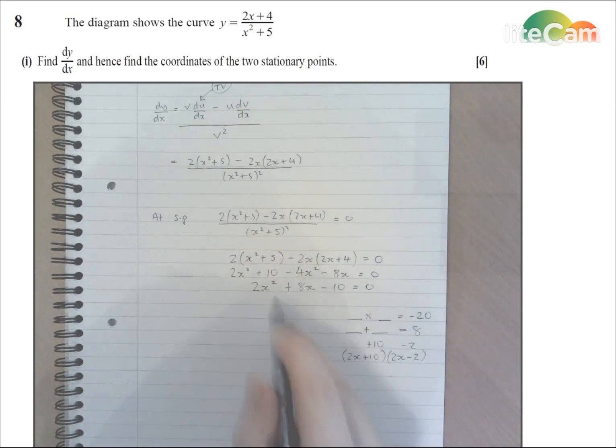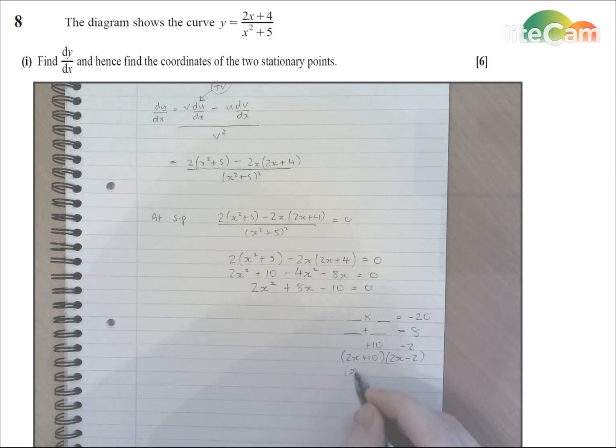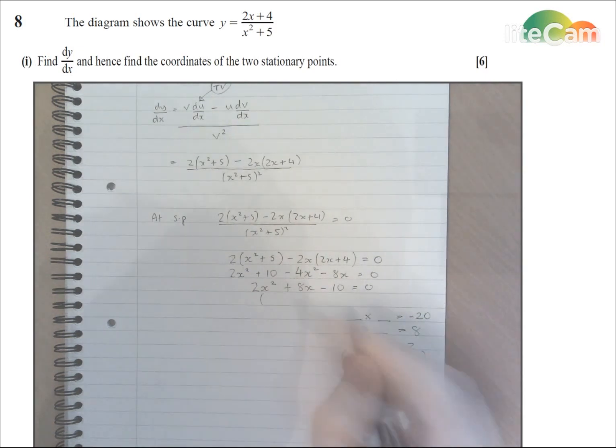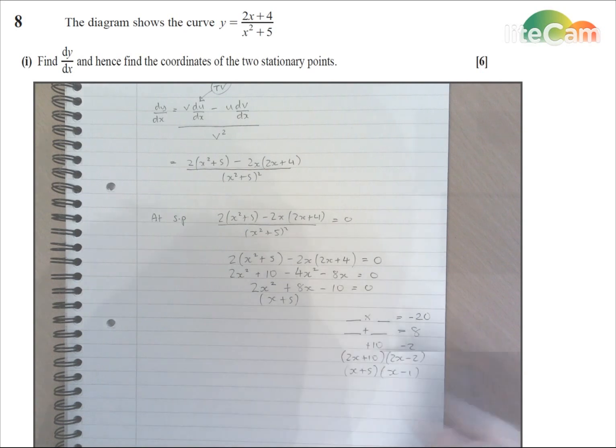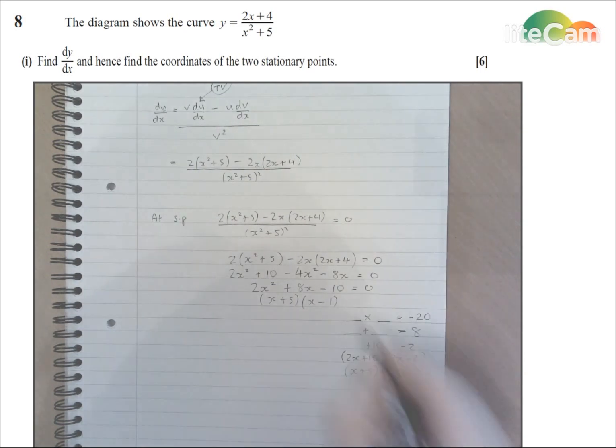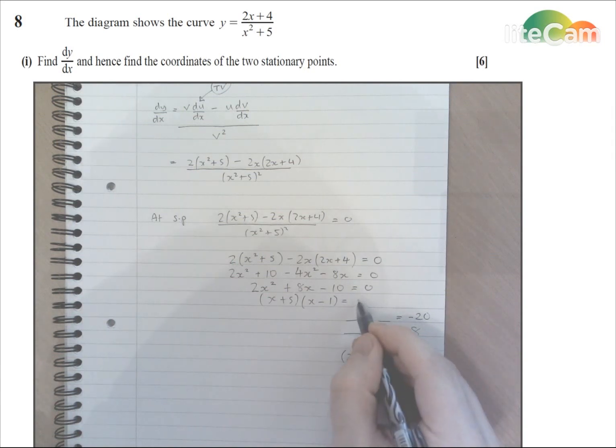Don't include this in your working out, because technically if you expand that you don't get that, so what you've written isn't technically consistent. But I can use it as a tool, because if I cancel out any common factors on here, I get x plus 5 and x minus 1, and if you expand that you do get that. So I've got (x plus 5)(x minus 1) equals 0.